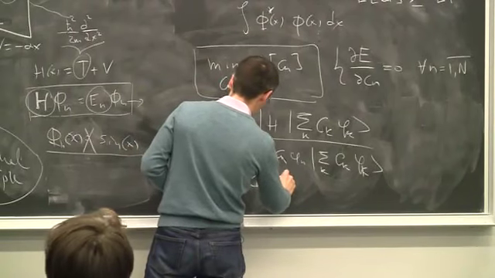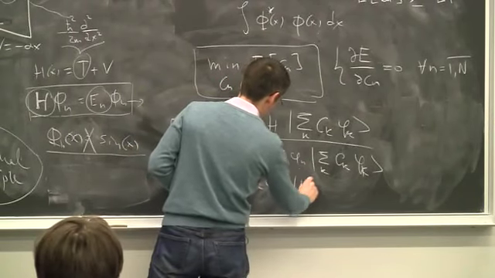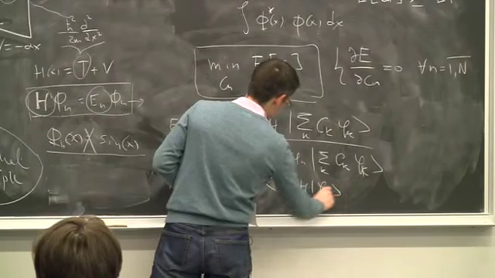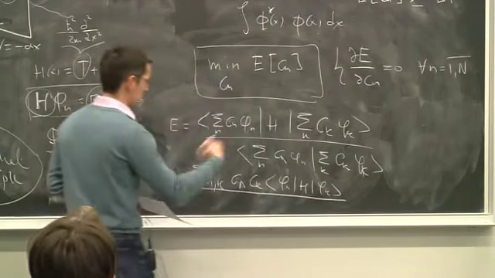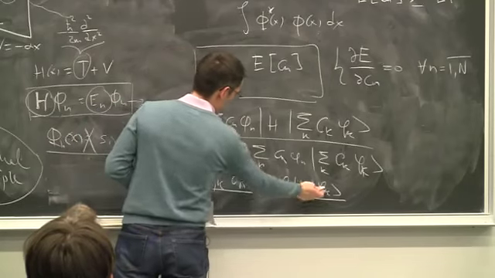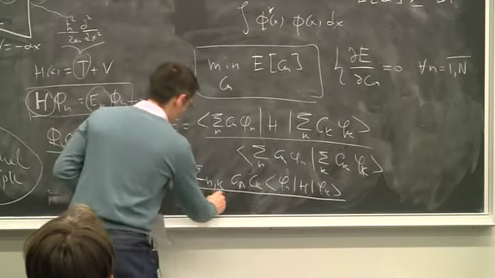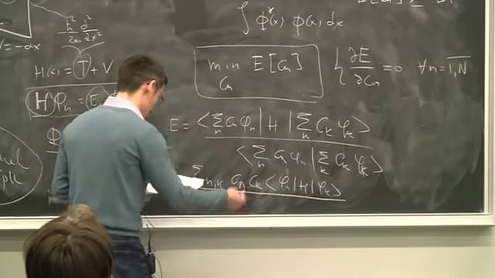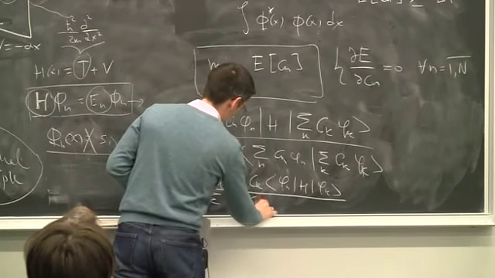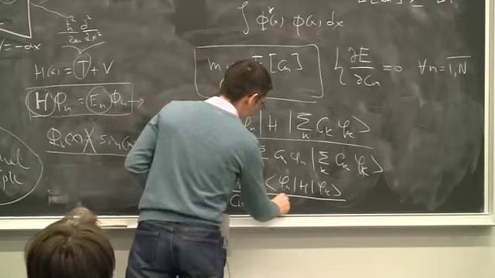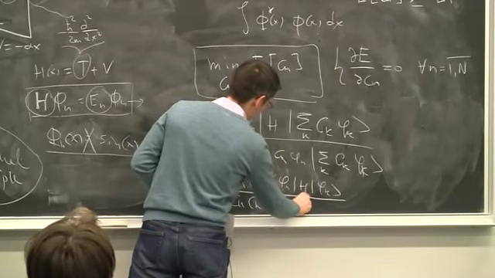And then inside, we have phi n, H phi k. This is an integral that can be calculated because we know the functions and we know the Hamiltonian. And here in the denominator, we will also have Cn Ck, and the integral is phi n phi k.